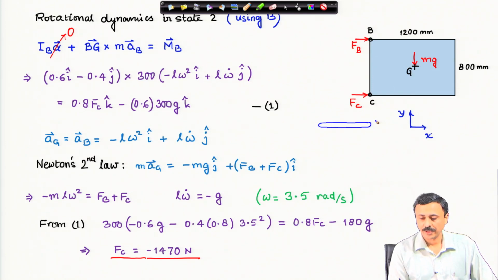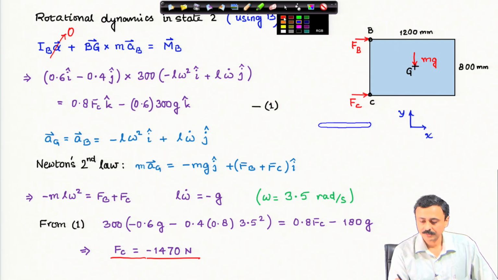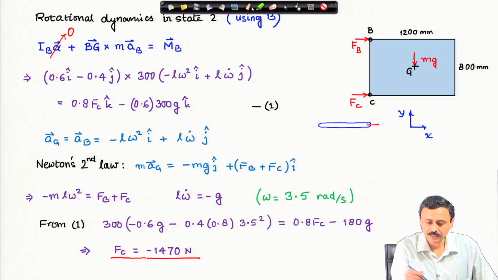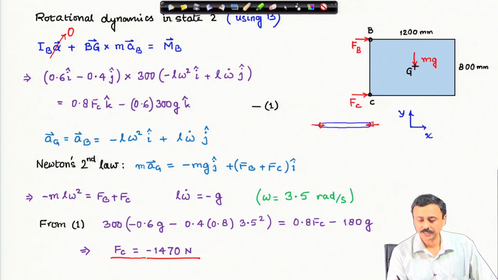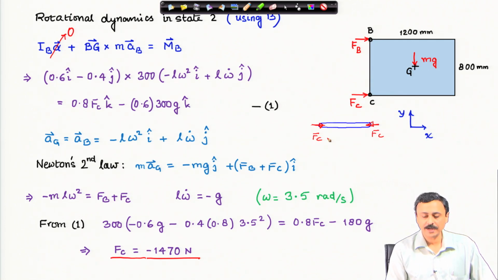Therefore, according to this figure by Newton's third law, I should have F c in this direction and F on the other end of the bar in the opposite direction, both are F c, the two force member. But because now after calculation we find that the sign is negative, which means the bar will be under tension.